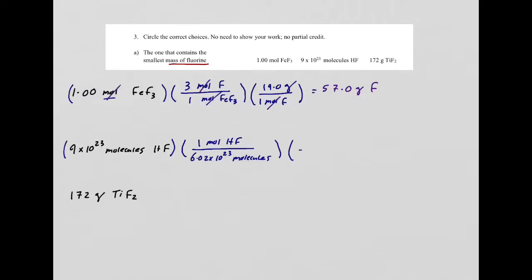Okay. Now I have moles. Now I can do a mole ratio. I don't want the moles of HF. What I want is moles of F. What's the mole ratio? Let's look over here. In 1 mole of HF, how many F do you have? You have 1 F. So the mole ratio is 1 to 1. Again, I'm going to go all the way to mass. You can stop here and compare moles too.